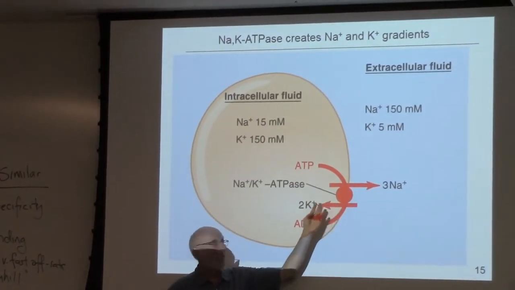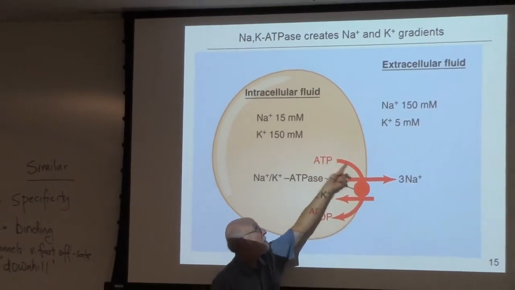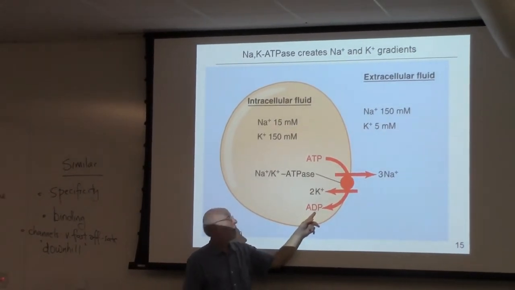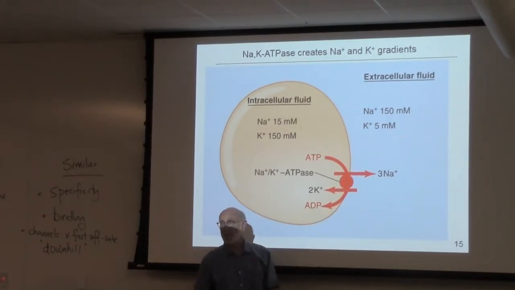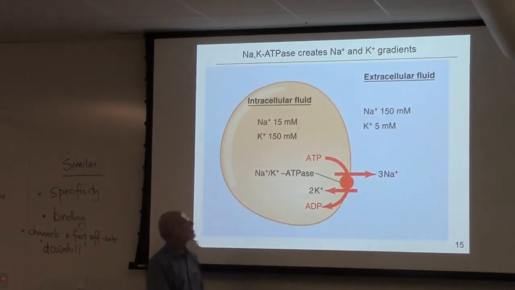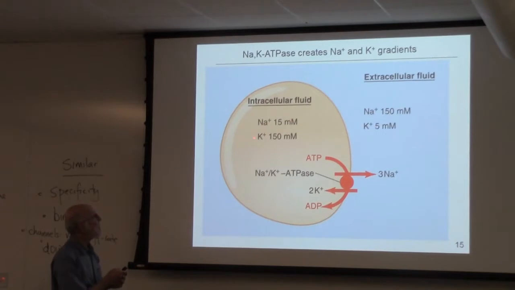This is the blob animal, right? A membrane protein that hydrolyzes ATP, pumps sodium out, and pumps potassium in, and establishes that gradient that I asked you a question about before, with the high concentration of potassium on the inside relative to the outside, and a high concentration of sodium on the outside relative to the inside.